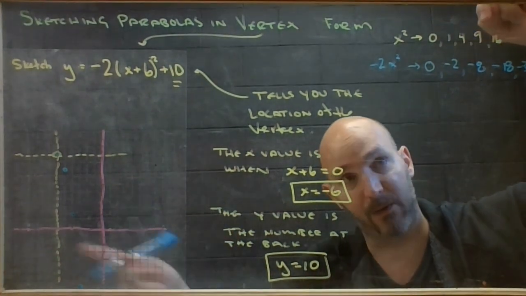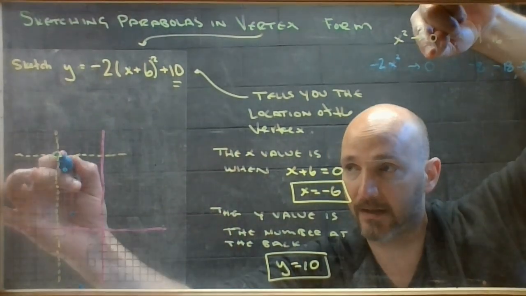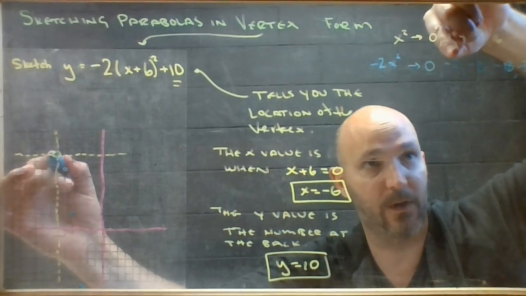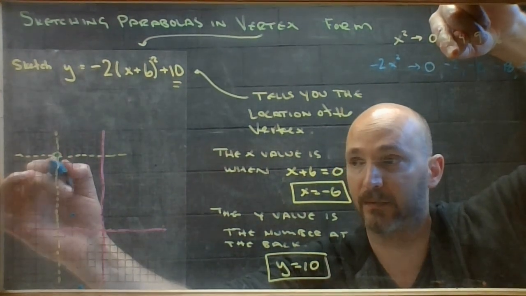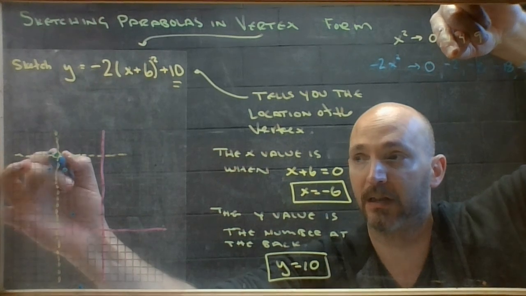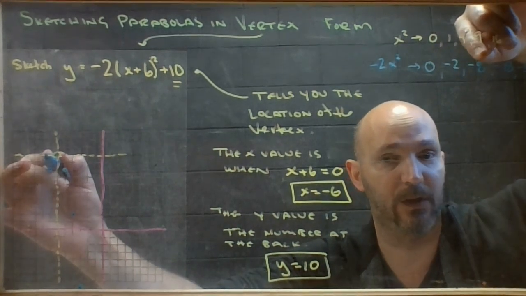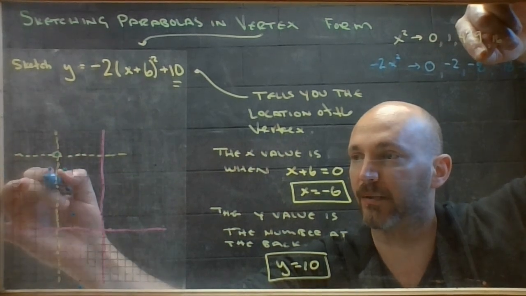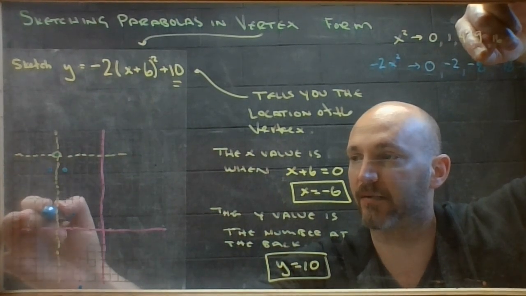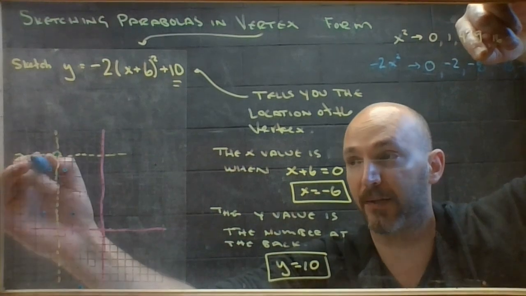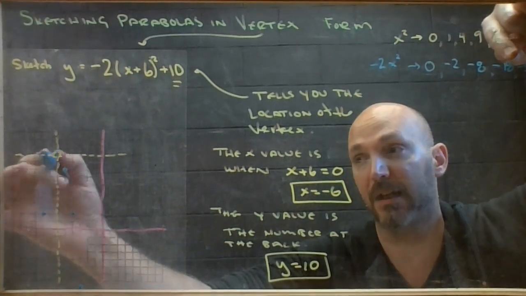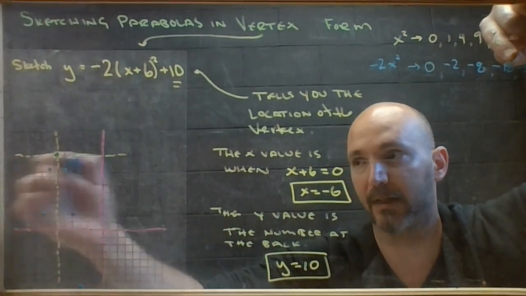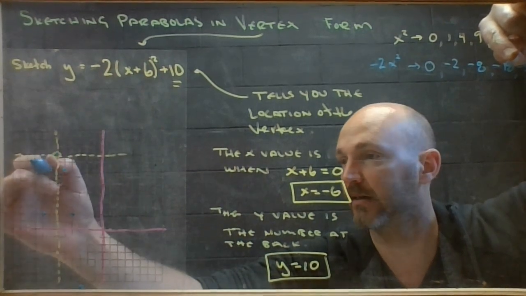Now, go the other way. Start on the vertex. One step over, you go down 2 from your count line. Another step over, you go down 8 from your count line. 1, 2, 3, 4, 5, 6, 7, 8. Another step over, drop 18 from this count line that goes through the vertex.